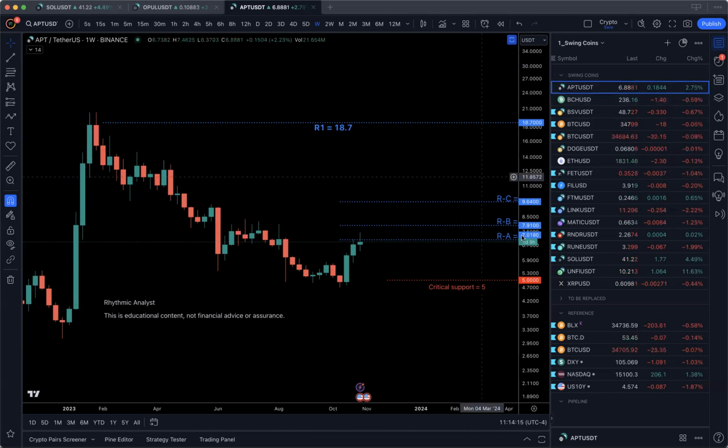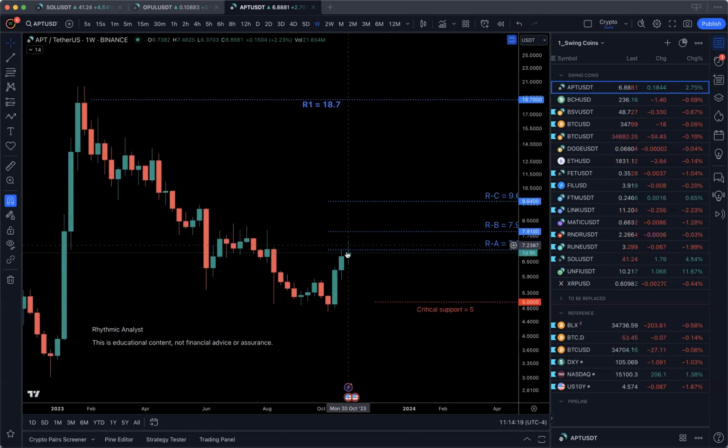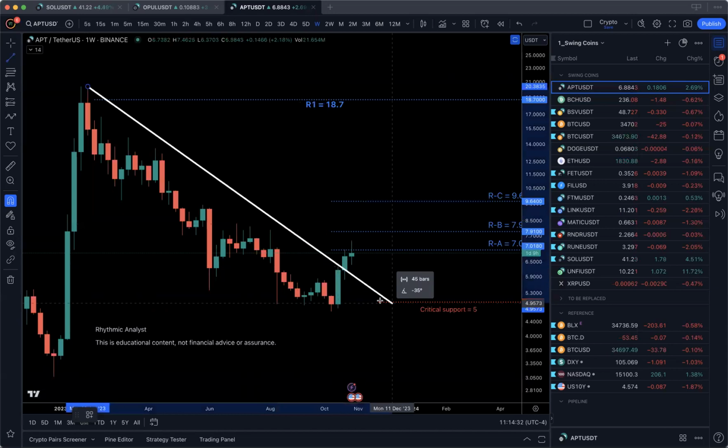So now APT is trying to break above our A level, and it's a beautiful looking green candle, though it's not huge. It's very encouraging. The thing is that this downtrend has ended.